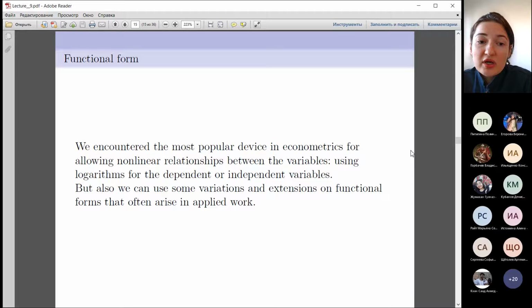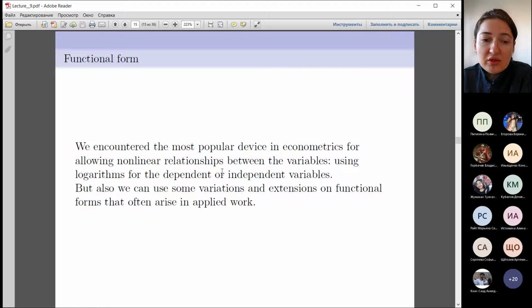So if we talk about economics, business, and management areas, these two devices will be enough in most cases.